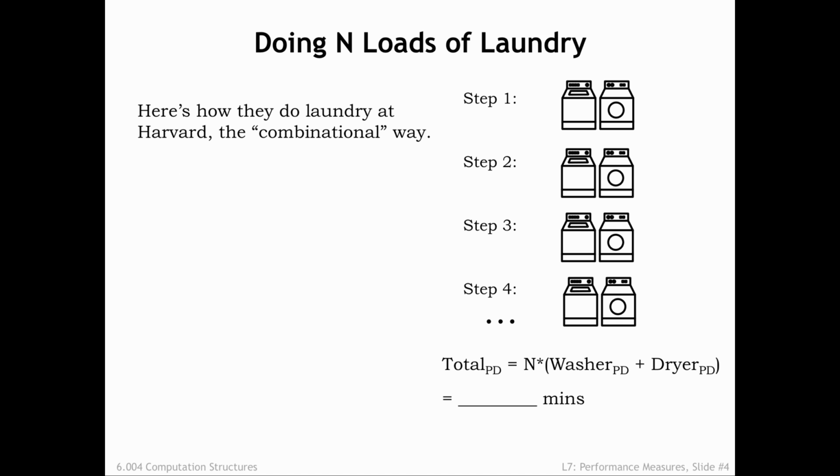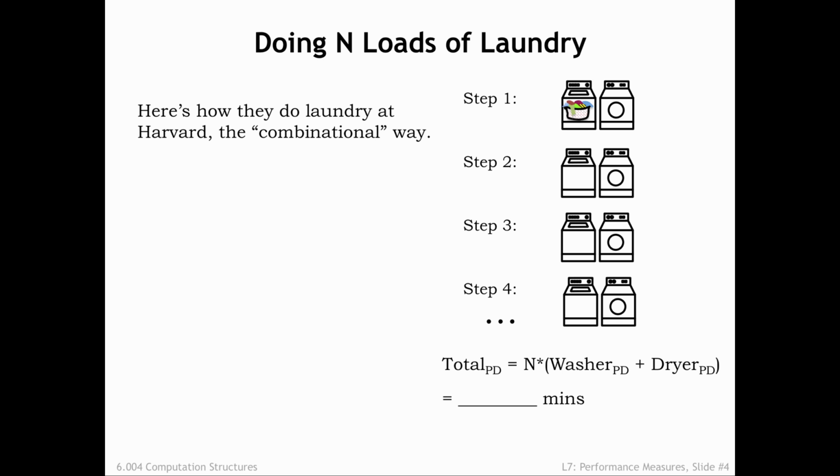Here at MIT, we like to make gentle fun of our colleagues at the prestigious institution just up the river from us. So here's how we imagine they do n loads of laundry at Harvard. They follow the combinational recipe of supplying new system inputs after the system generates the correct output from the previous set of inputs.